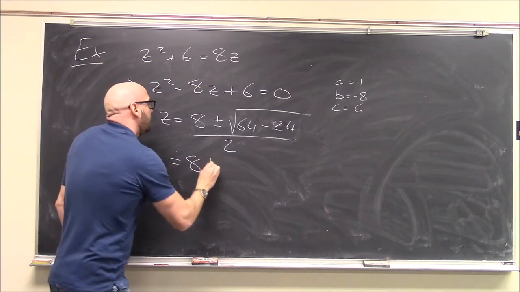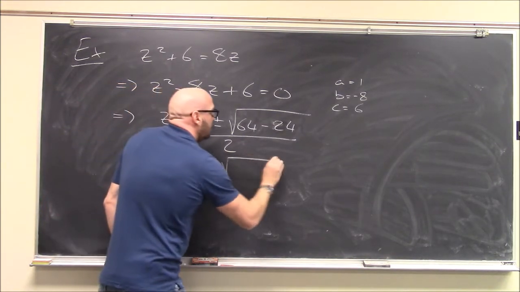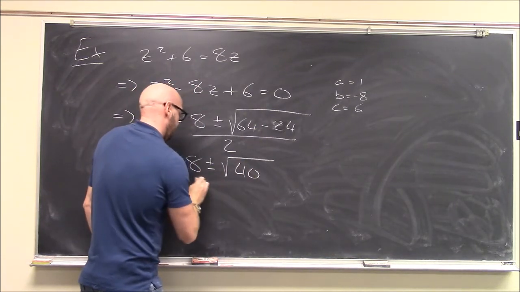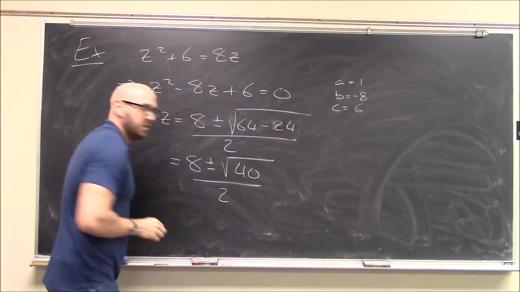So this is 8 plus or minus the square root of 40 over 2.